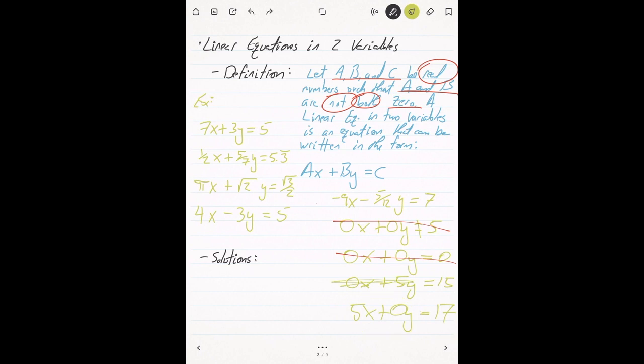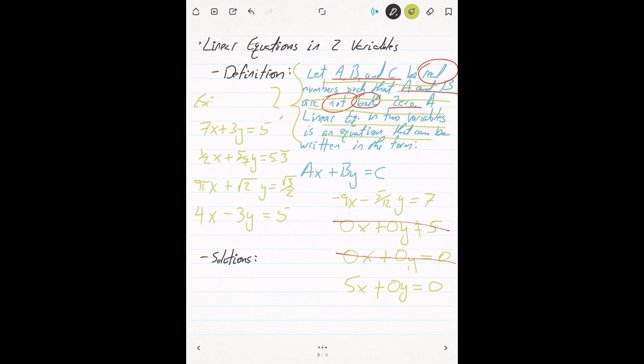Sometimes people will say to me, wait a minute, Linford, what about C? What if we had something like 5x plus 0y is equal to 0? We now have B is 0 and C is 0. Is that a problem? And I always say, read the definition here. Does it say C cannot be 0? Do you see anything in here that says C cannot be 0?